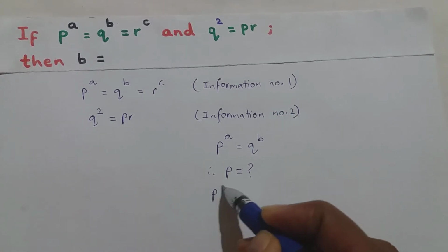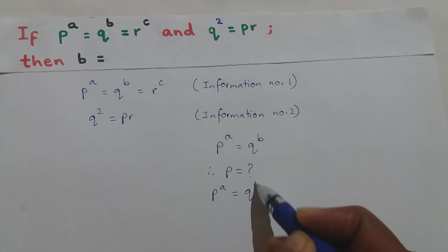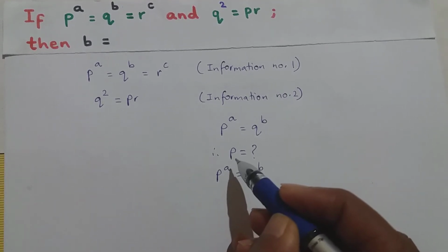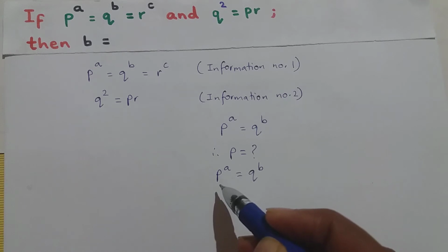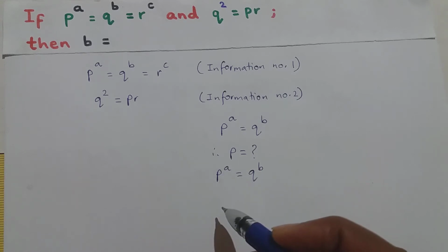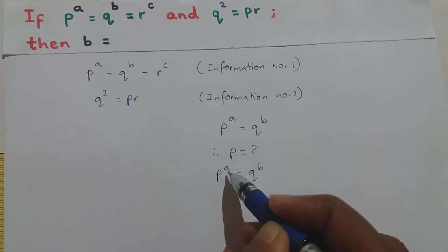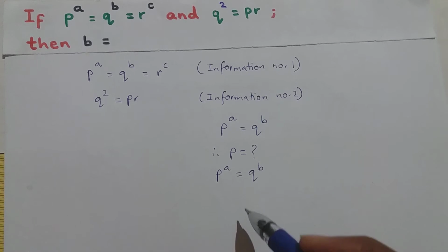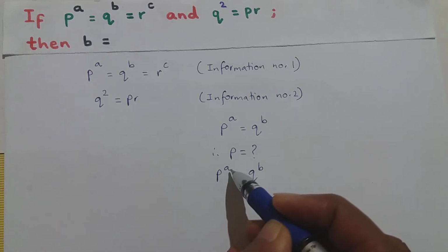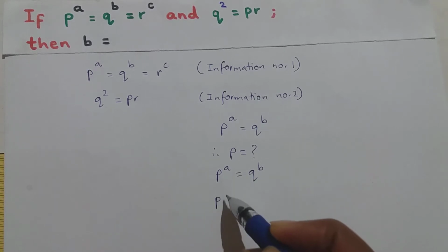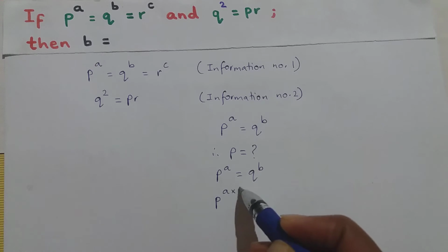Now in order to get p from p to the power a, I will multiply this power with 1 by a. So p to the power a into 1 by a.